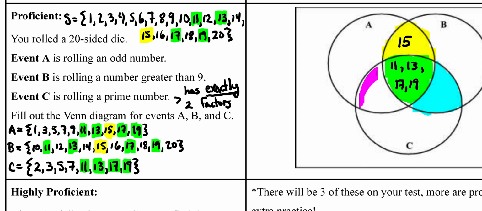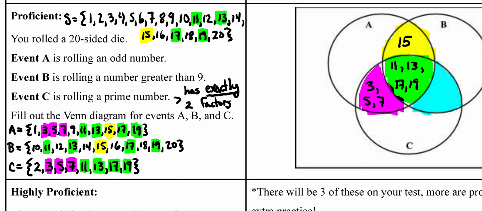Those that are in A and C, but not in B. And those that are in A and C, looks like 3, 5, and 7, not 1. 3, 5, and 7.